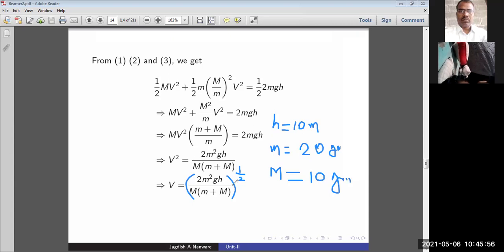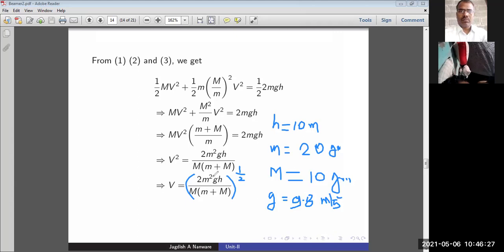We know the acceleration due to gravity, so this is 9.8, or you can take 980. So I will take this as meter per second square.